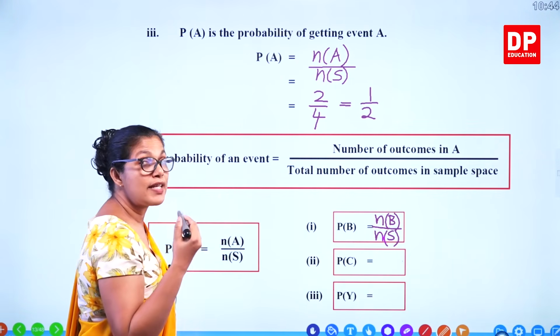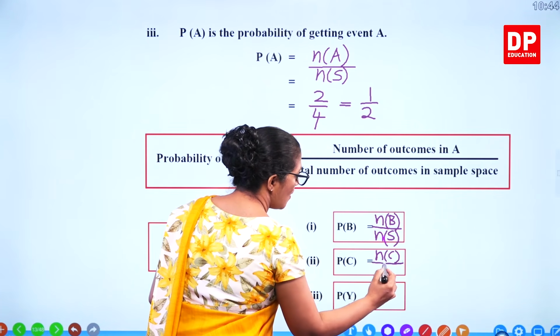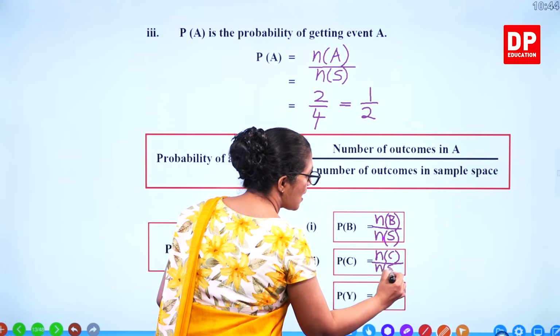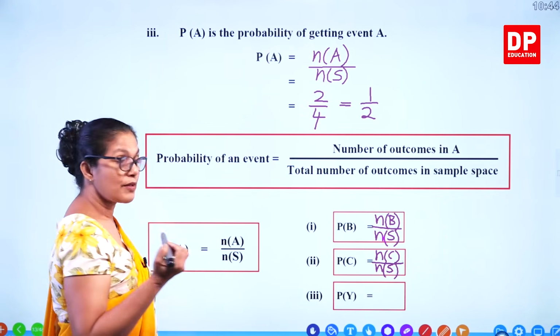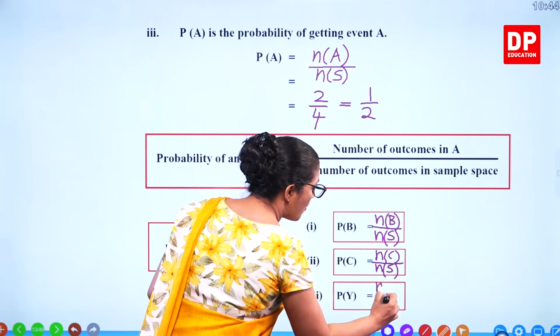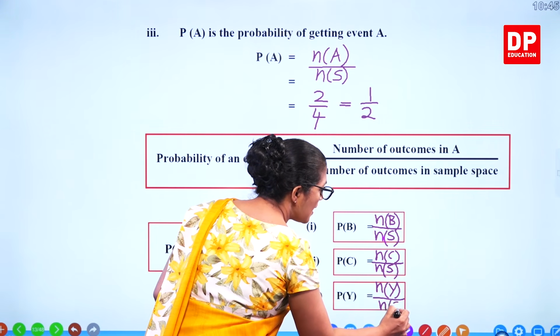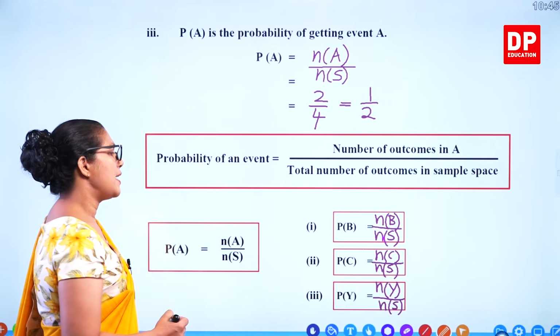What about P of Y, where Y is any event? Number of elements in Y divided by number of elements in the sample space.